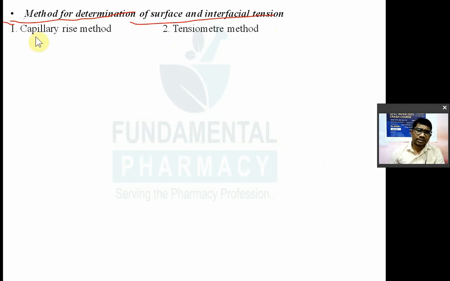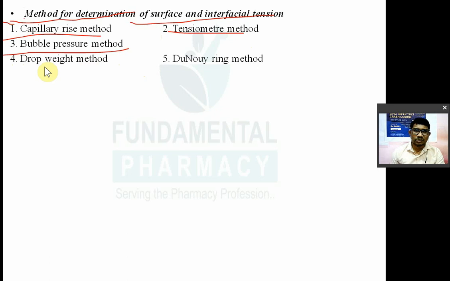First method is nothing but the capillary rise method. Second method is the tensiometer method. Third method is the bubble pressure method. Then the fourth one is the drop weight method. Fifth one is known as the DuNouy ring method. There is one more method, the drop count method. Drop weight method एक होता है, drop count method एक होता है.